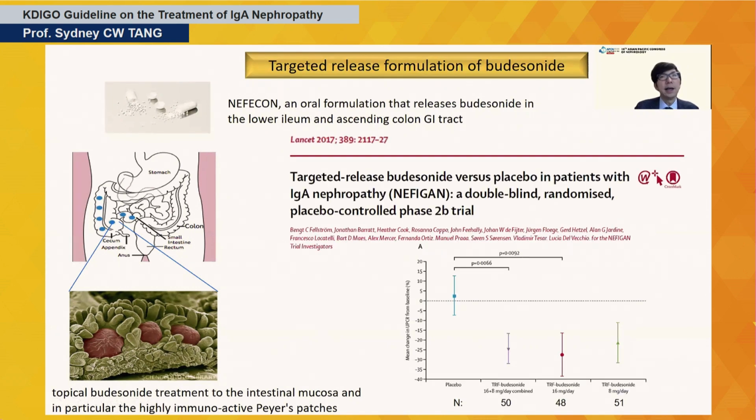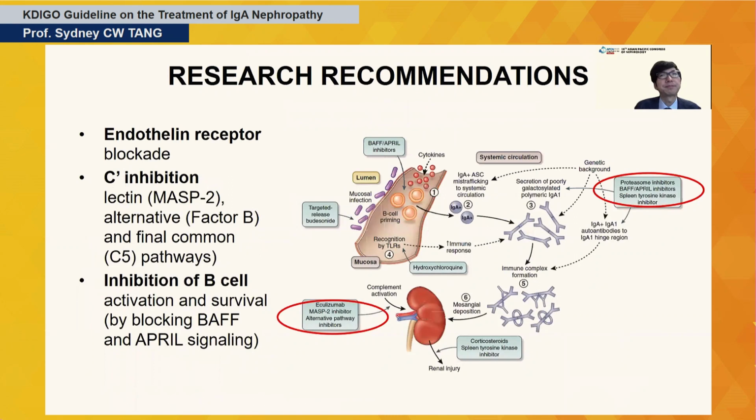And indeed, an RCT published in 2017 in Lancet already showed antiproteinuric effect of this targeted release formulation of budesonide. And I believe that a phase 3 trial is currently underway to further explore the utility of this targeted release formulation of corticosteroid for IgA nephropathy.